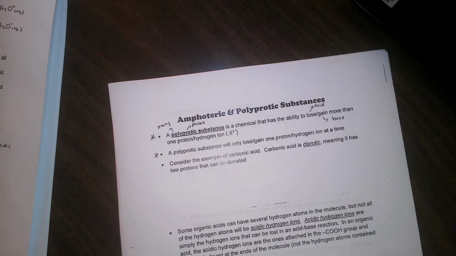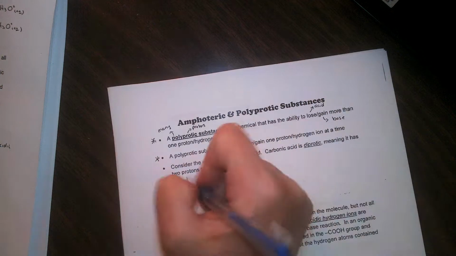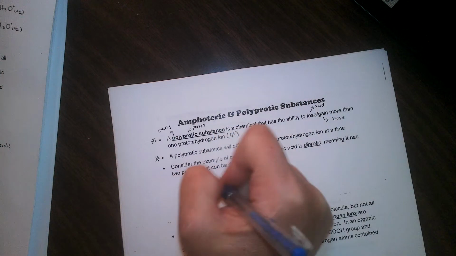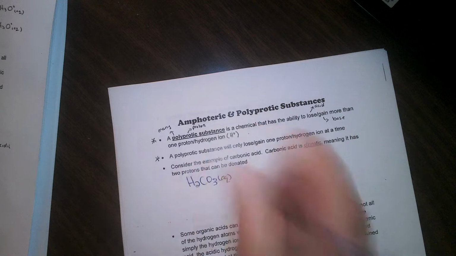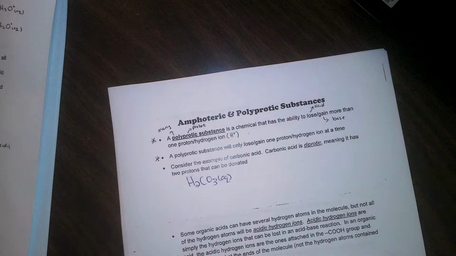And let's look at carbonic acid. So here we start off with H2CO3. If you had no idea what carbonic acid was, how could you figure that out? Look on page 8. Okay? All the acids that we're going to work with are going to be there. And if they're not there, it'll tell you what it's called.